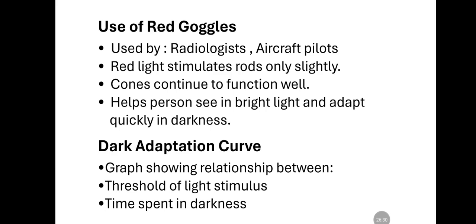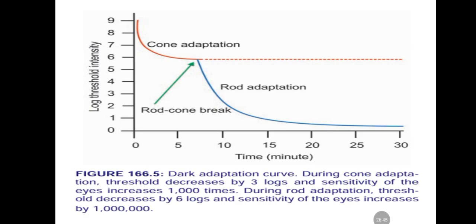Dark adaptation curve. The graph shows the relation between the threshold of light stimuli and time spent in darkness. This is a graphical representation of the dark adaptation curve.